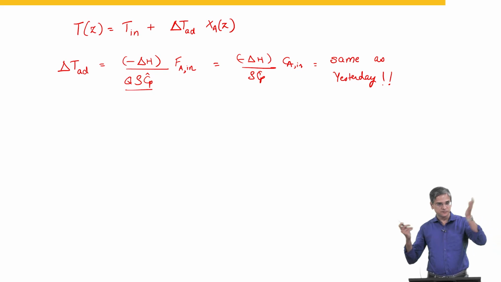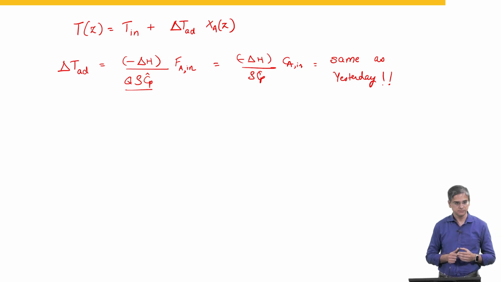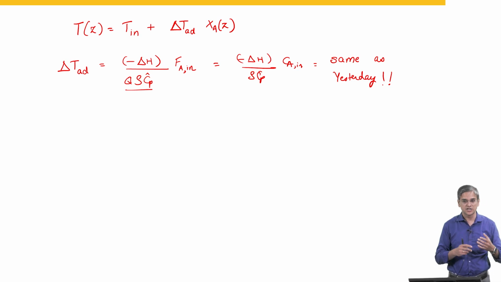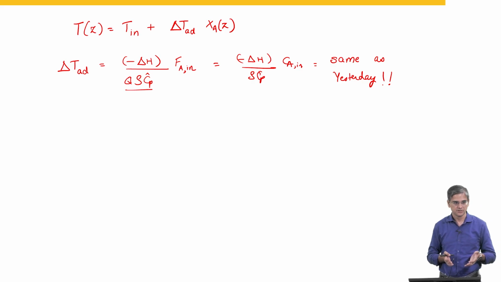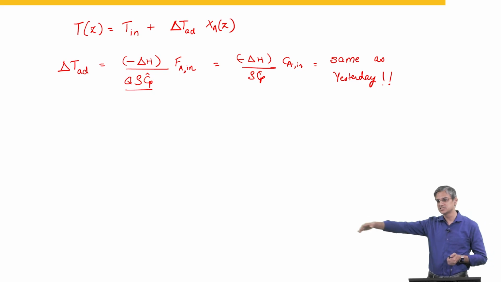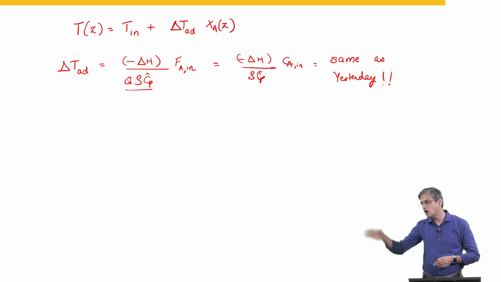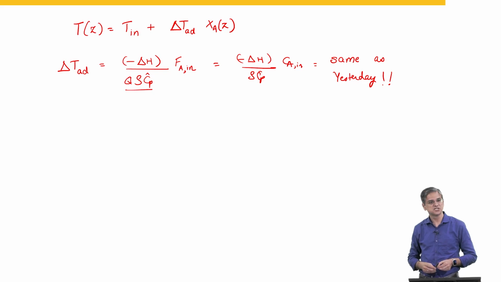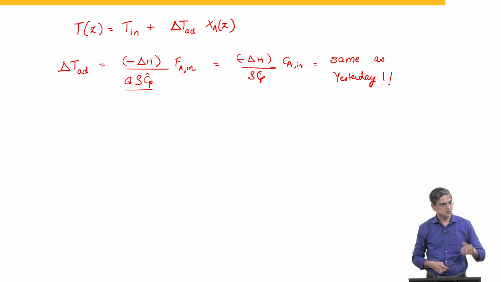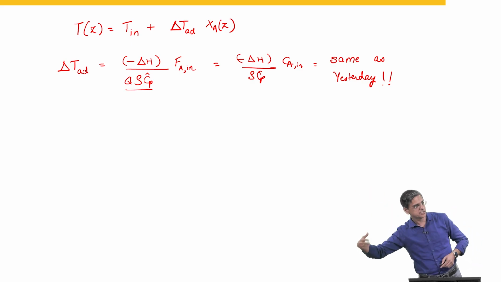Okay. 2-3 different ways of answering this. One is basically the thermochemistry is the same, which basically means the thermodynamics is the same. Delta T adiabatic talks about the maximum temperature you can reach if all of the species got converted. So, delta T adiabatic is the end point or the max point that you can reach under adiabatic condition.